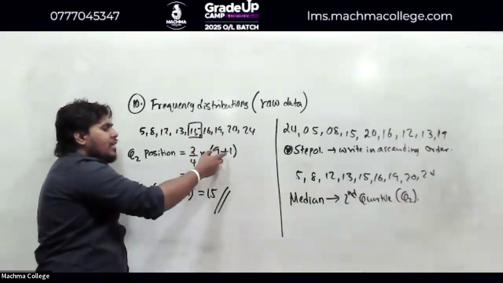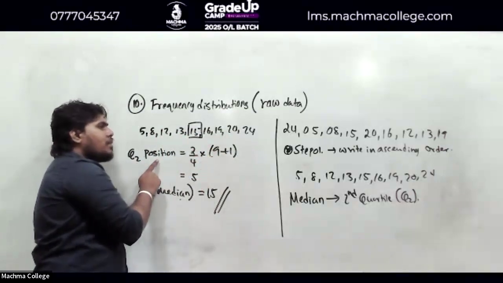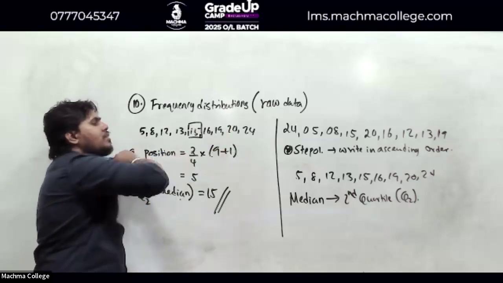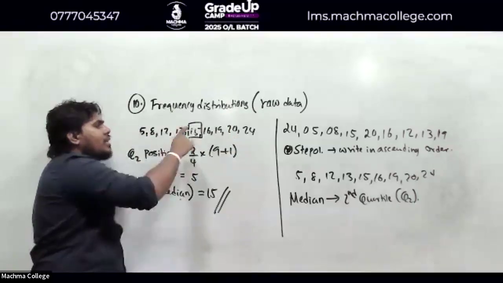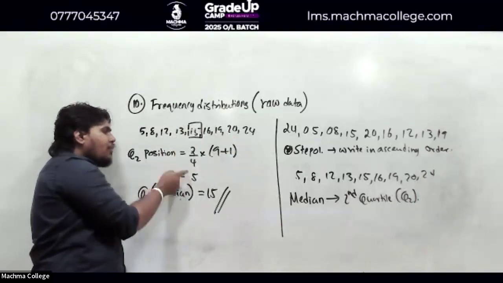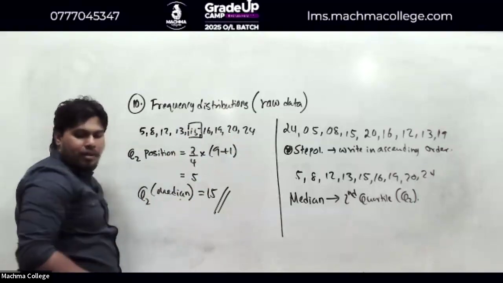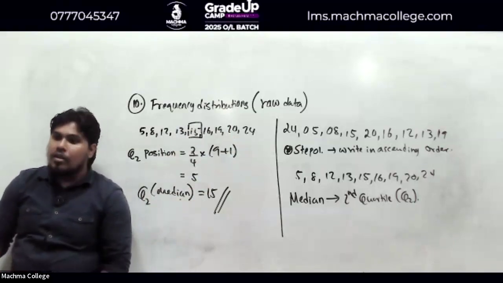Half multiplied by 10 gives 5. The second quartile is situated in the fifth place. Fourth place is 13, and in the fifth position we have 15. So that's going to be our median.